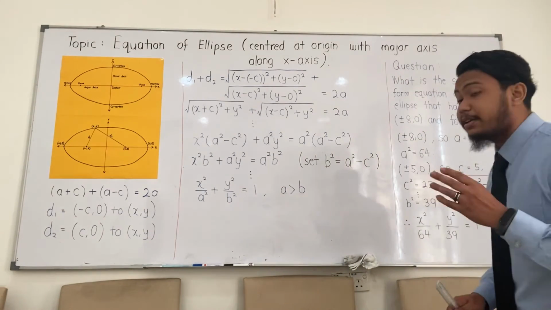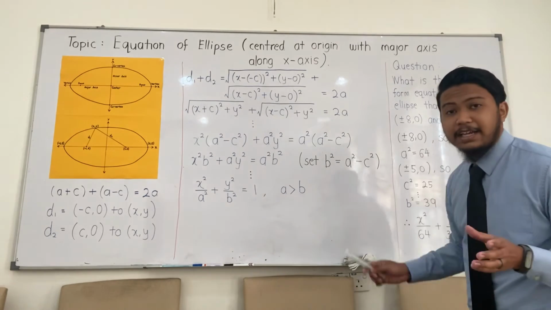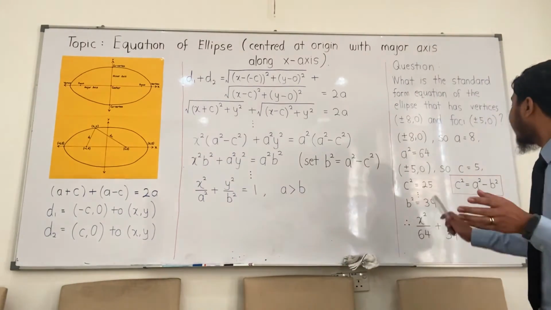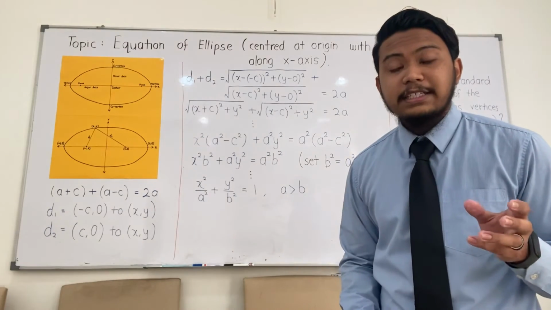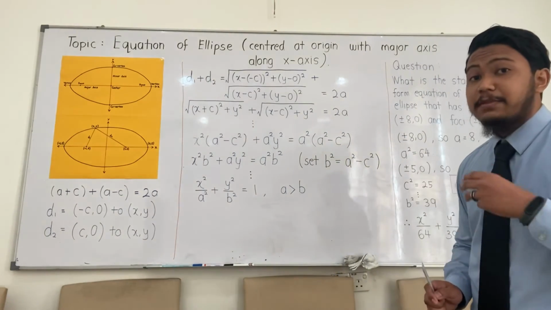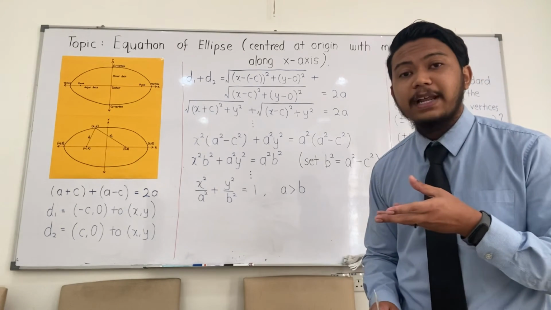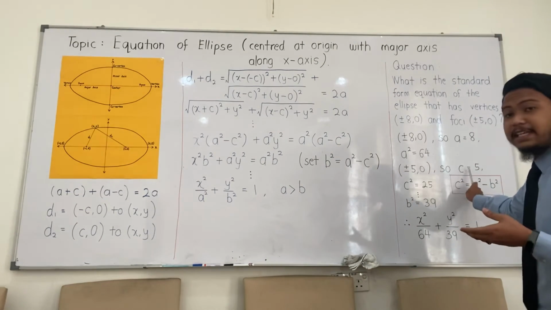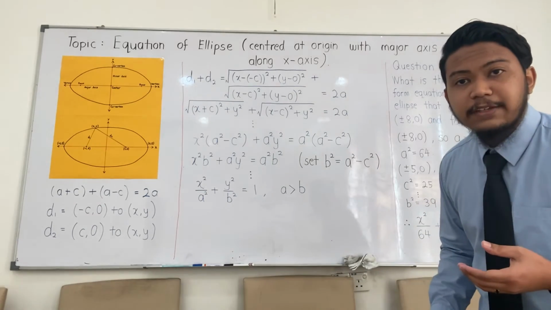As I mentioned before, the coordinates for vertices are plus minus a, 0. So we can say that a equal to 8 and a squared equal to 64. Second, the coordinates for foci are plus minus c, 0. So here we can say that c equal to 5, c squared equal to 25.